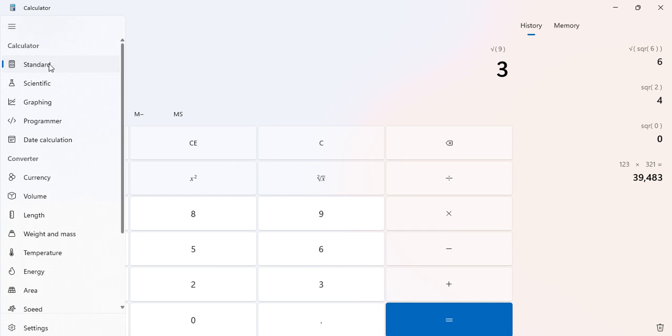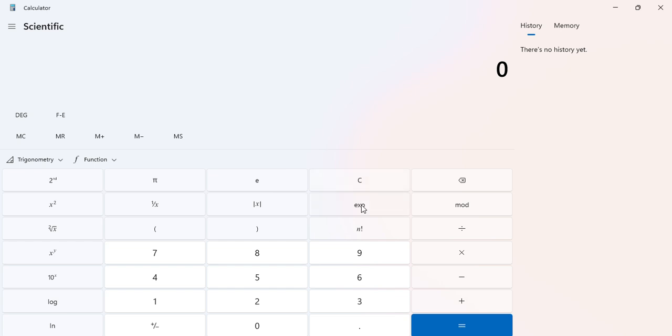You can also use other different types of modes, such as the scientific calculator. This is a scientific calculator. You can find a lot of scientific features which are used especially in maths: the pi value, e, exponential mode, and brackets.